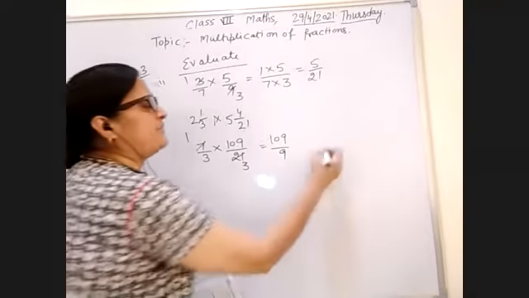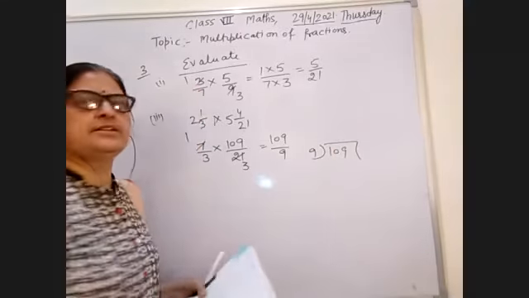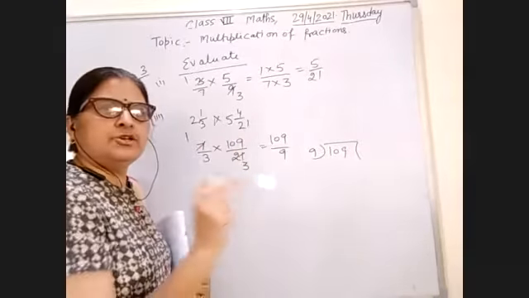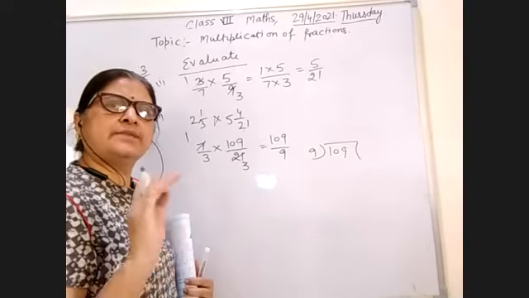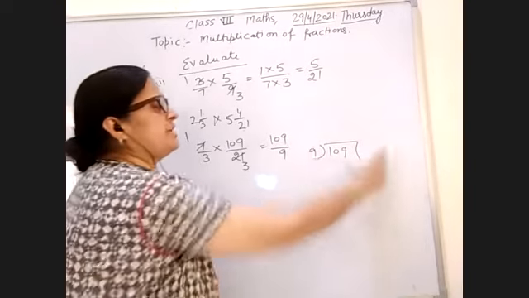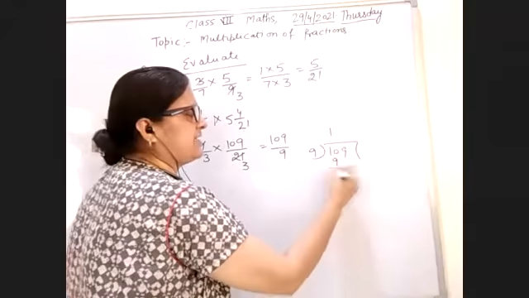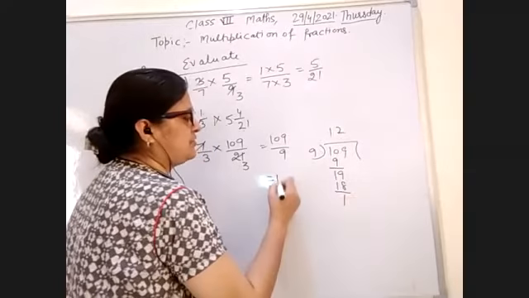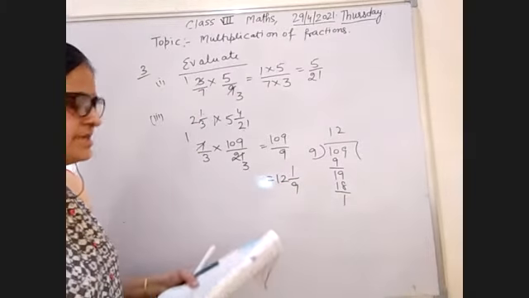Now you have to change this into the improper fraction, because the numerator is greater. When the numerator is bigger than the denominator, then it is called the improper fraction. Now you will have to change this into the mixed fraction. 9 ones are 9, 9 twos are 18. So your answer is 12 and 1 upon 9.